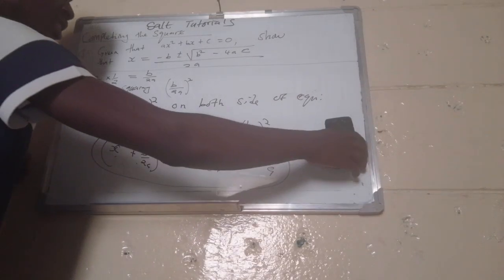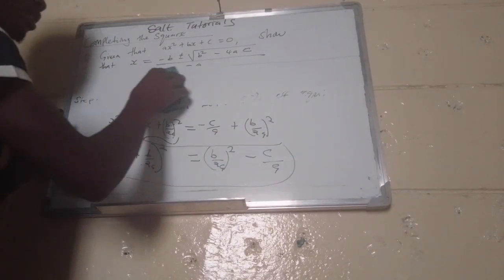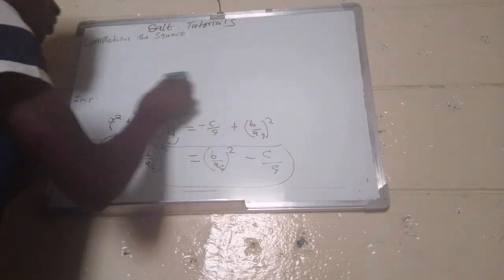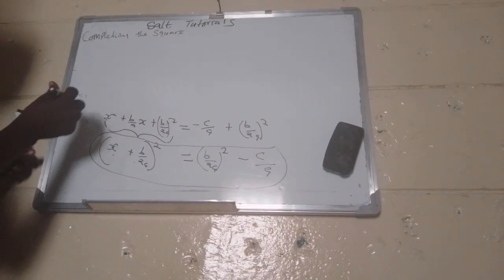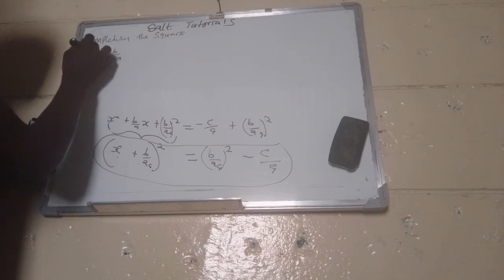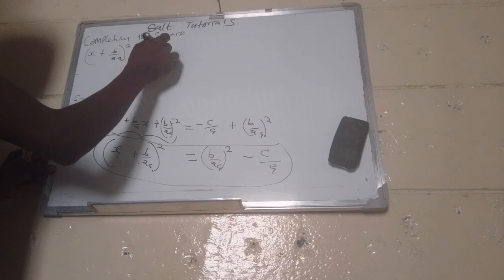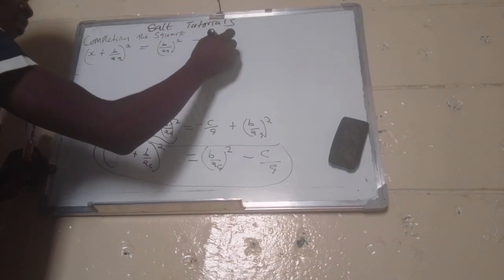Let me just delete my top part. I'm sure I can even delete this part. So what am I having? I have (x plus b over 2a) squared equal to (b over 2a) squared minus c over a.